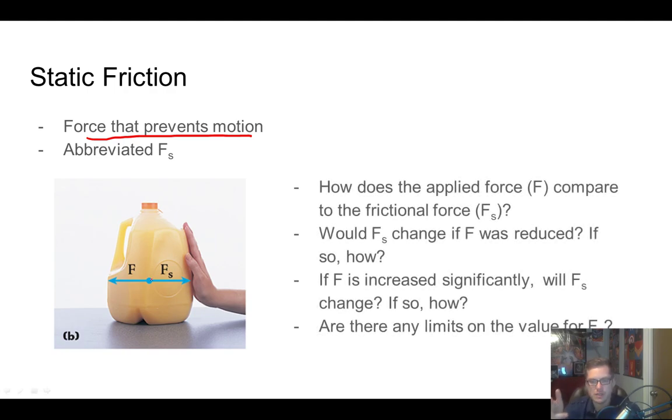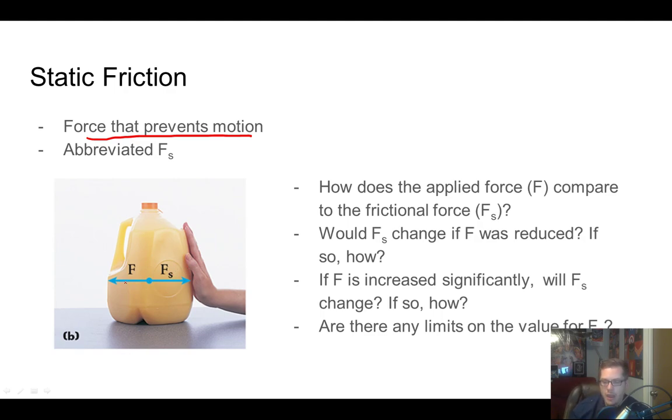So for example, pushing this orange juice, the hand is pushing it this way, this is our hand pushing force, and this is the force of friction that the orange juice is experiencing. So this is essentially a free body diagram of our orange juice.